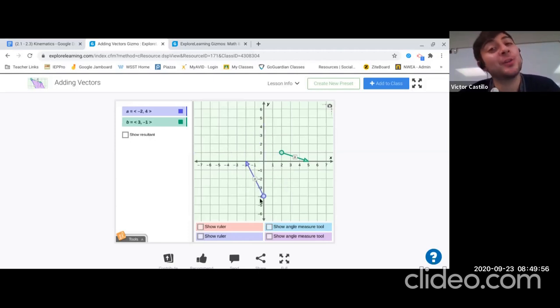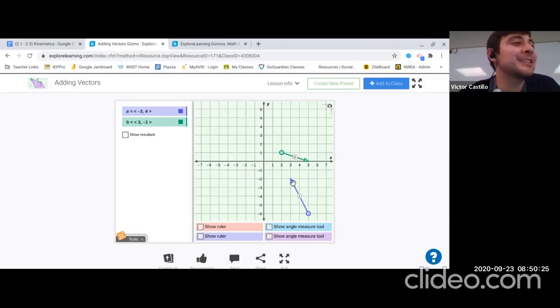The coordinates don't change, ladies and gentlemen, because it's still the same. Even if I start at where the blue circle is, I move 2 to the left and 4 up, it's still -2, 4. If I move it over here, it's still -2, 4. If I move it down here, it's still -2, 4.